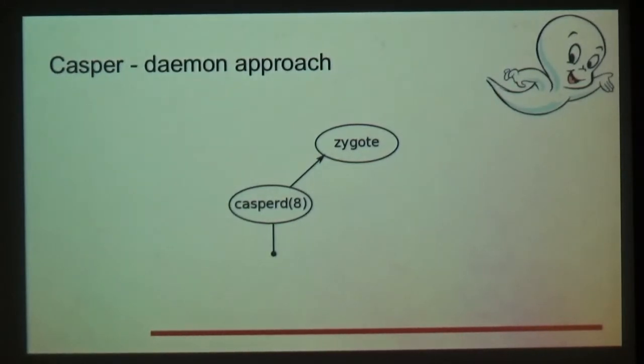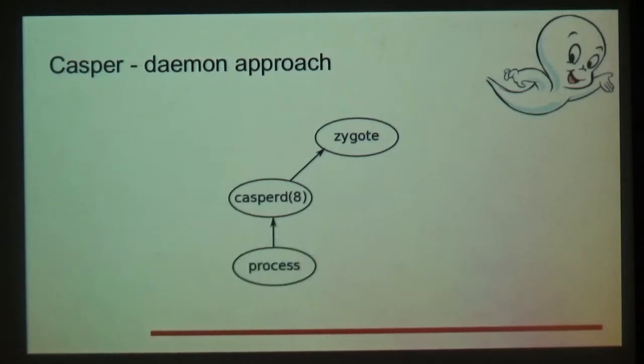So after that, some process could ask Casper for a service. It would connect by Unix domain socket to the Casper. After that, a zygote would be forked, creating two zygotes. And one of the zygotes would be transformed to the service.